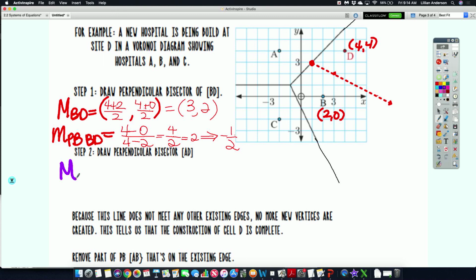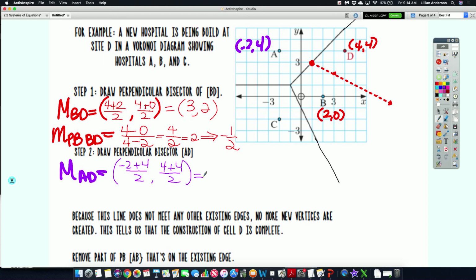So I need the midpoint of AD. Where's A located? So -2, 4. So I need my midpoint of AD. So again, I'm going to do x1 plus x2 over 2, y1 plus y2 over 2 to get the midpoint.